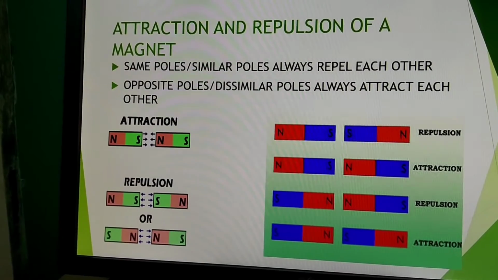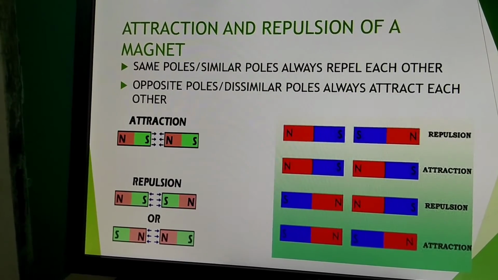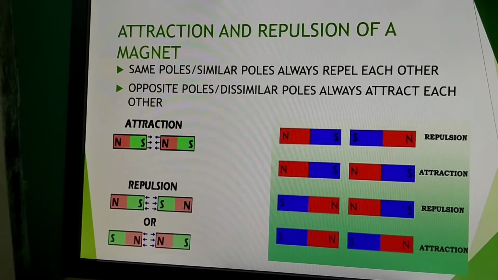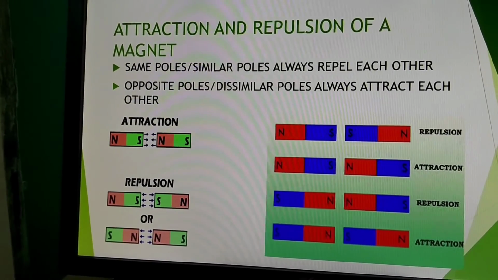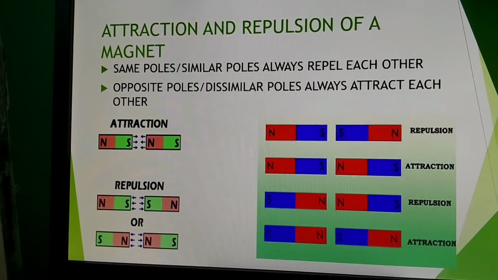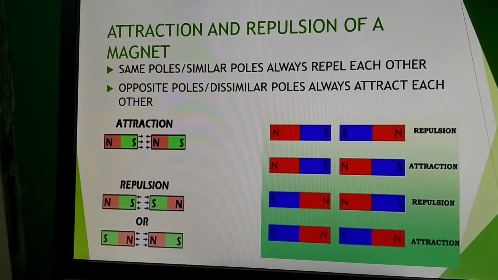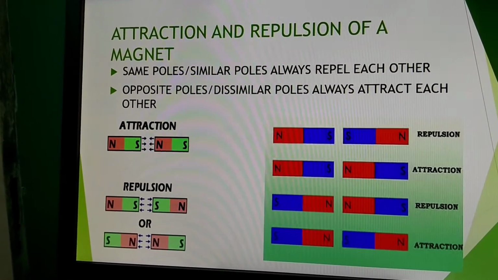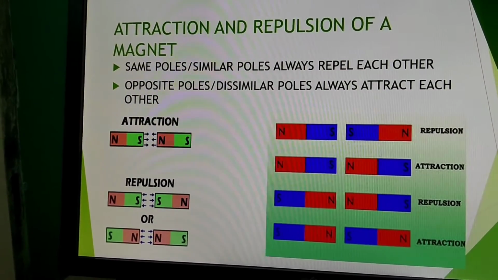Or if you bring south pole of one magnet to south pole of another magnet, then also repulsion takes place since they are similar poles. But if you bring south pole of one magnet towards north pole of another magnet, attraction takes place. Or if you bring north pole of one to the south of another, then also attraction takes place. This suggests that same poles repel each other, whereas opposite poles always attract each other.